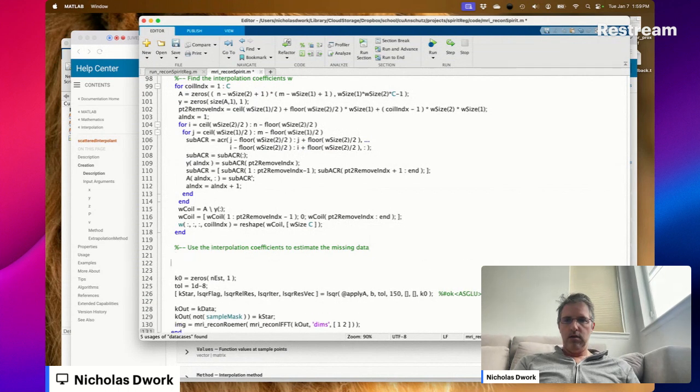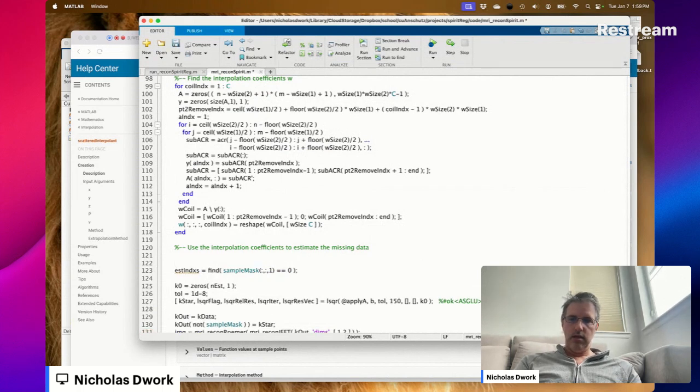So, find sample mask. I only need to look at one coil. Find where they're equal to 0. Estimated indexes. Data indexes: find sample mask not equal to 0. How about that?